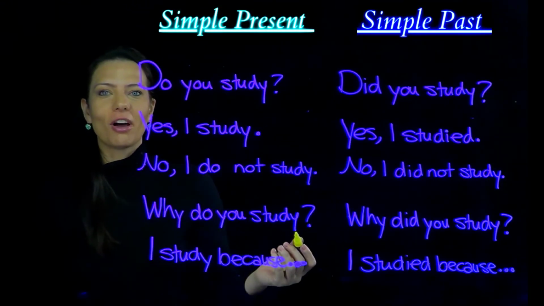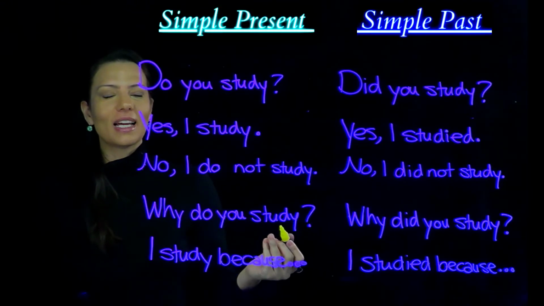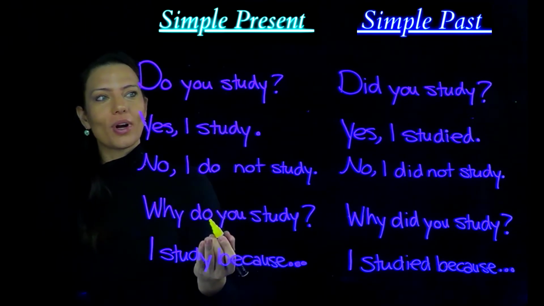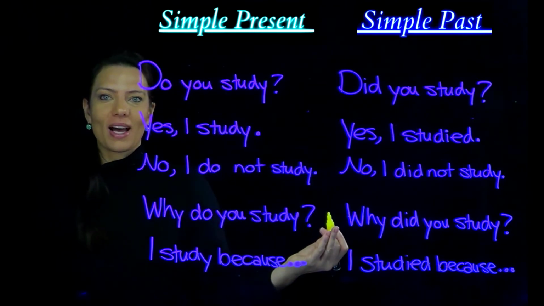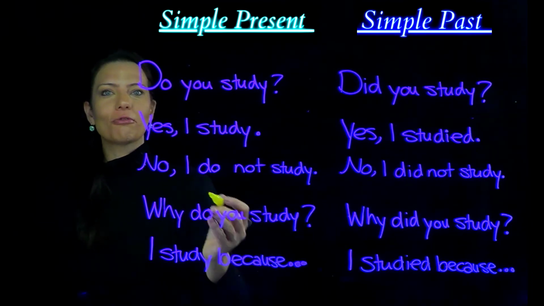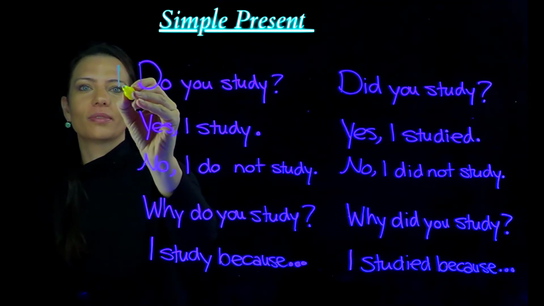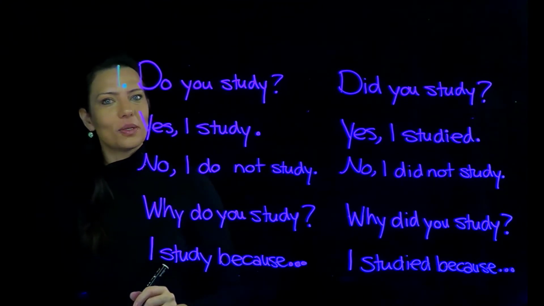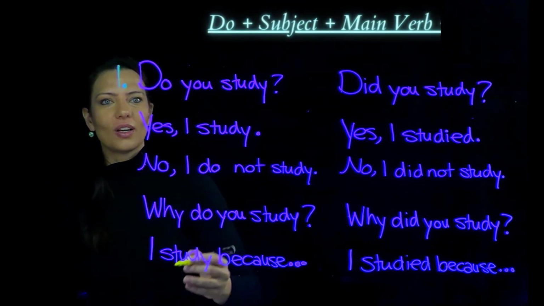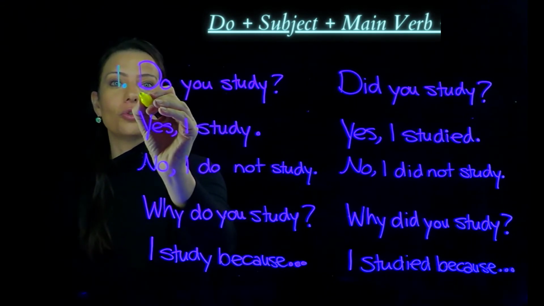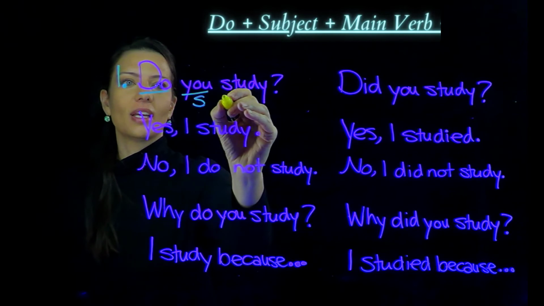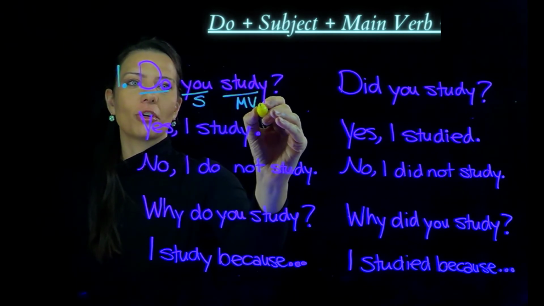As a review of everything we've talked about, let's compare and contrast the constructions for the simple present and the simple past. So in the first example, we have the question, "do you study," in the simple present. We have the helping verb "do," then we have the subject, and then we have the main verb here.